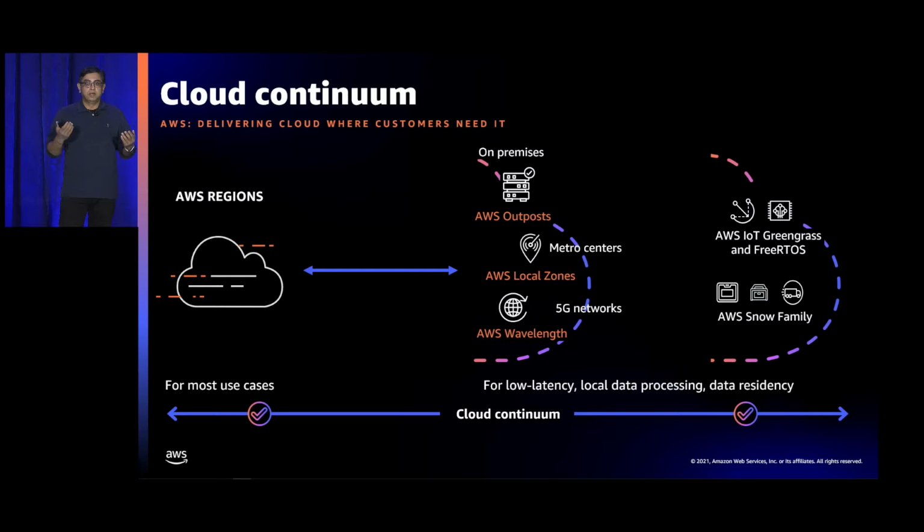That's going to give you the maximum flexibility in terms of the services, in terms of the kind of infrastructure that you can deploy. Then on the right-hand side, we have infrastructure where it needs to be deployed in rugged situations, in the middle of the sea, underneath the mines. For that, we have capabilities such as the Snow family of products and IoT Greengrass that help you connect to the region when there is connectivity available.